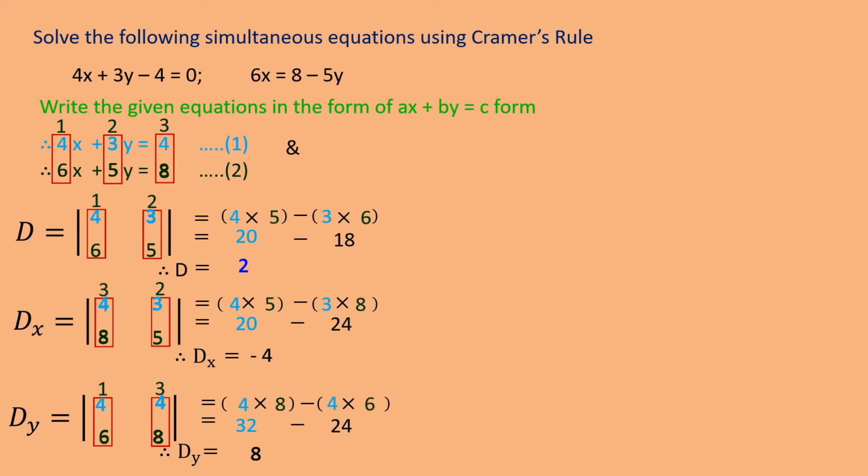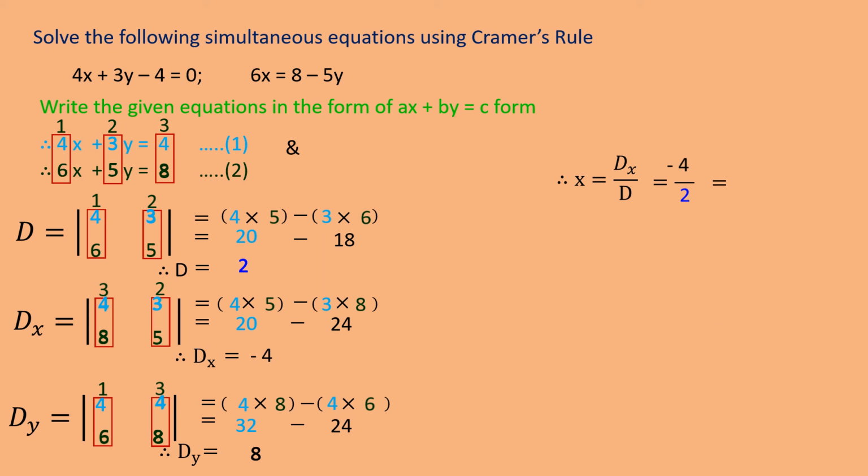Now the next step is to find x and y. To find x, we need dx upon D. So the dx value we know, the D value we know. We substitute: dx is minus 4 upon 2, because D is 2. When I further simplify, I get minus 2.